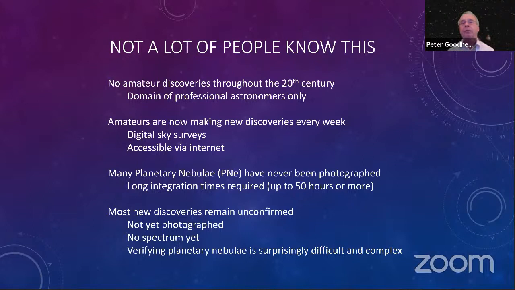The other thing, which is also a bit surprising, is that actually verifying that something is a planetary nebula is incredibly difficult and very complicated. I just thought that we knew everything, we'd seen everything, we'd discovered everything, and I didn't think there was a role for amateurs in this. I didn't realize that so much could be discovered and is being discovered every week.